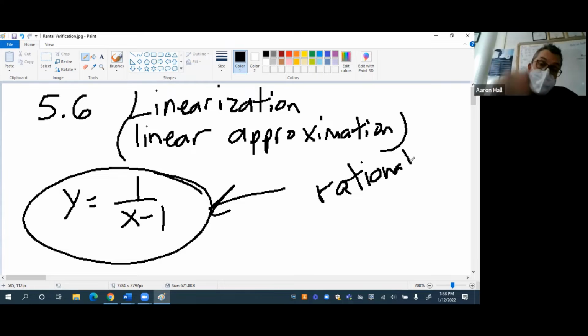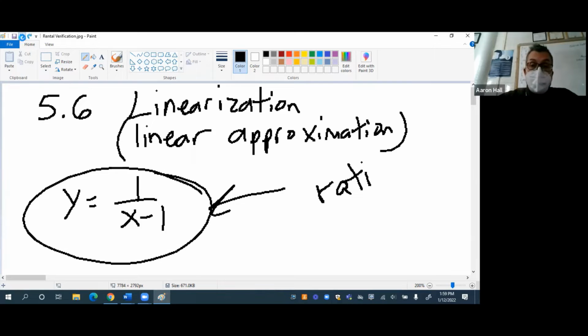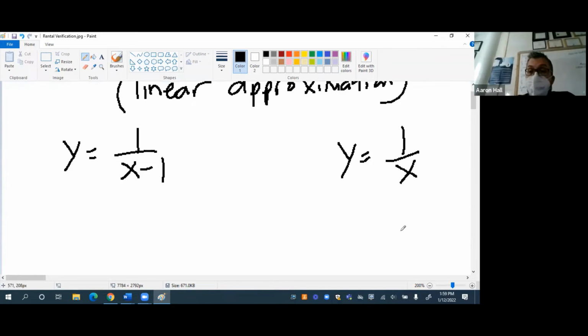I know it's a rational equation because it's written like a fraction. In fact, the definition of a rational equation or function is a polynomial divided by a polynomial. The parent function for all rational functions is y equals 1 over x, which would look something like this.